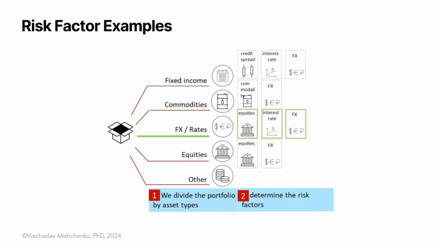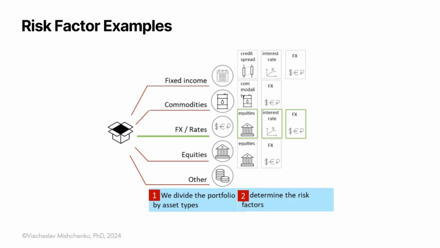Each risk factor here represents a specific way the market movements can impact our portfolio. Therefore, by mapping out our positions to these factors, we create a framework for measuring and managing our risks.